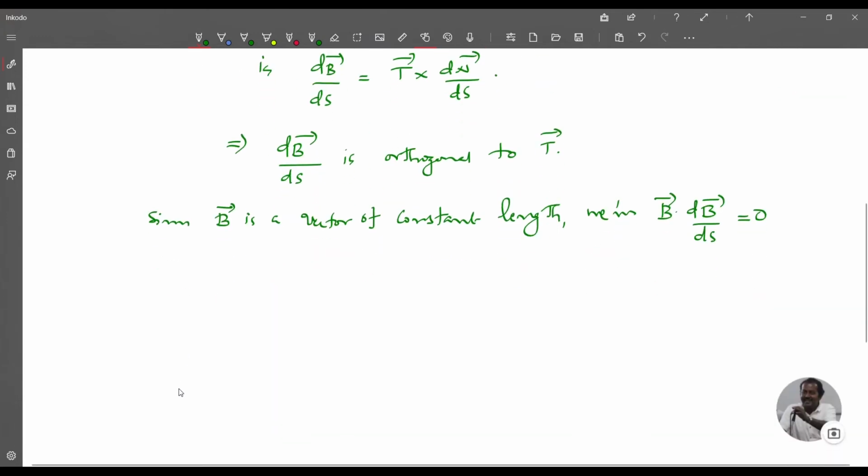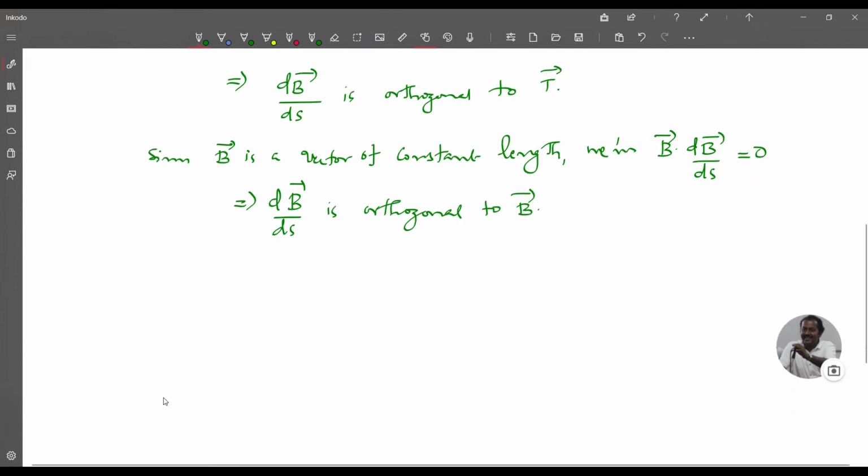So this implies dB/ds is orthogonal to B. Therefore, dB/ds is orthogonal to both B and T.